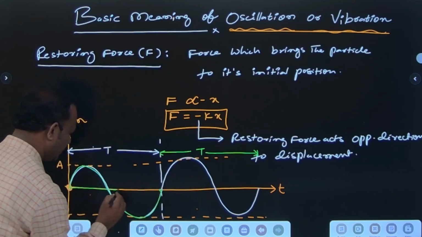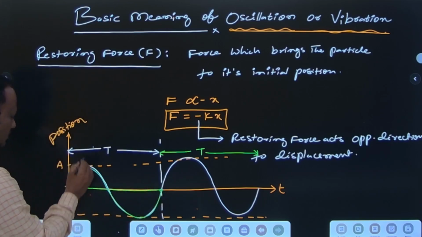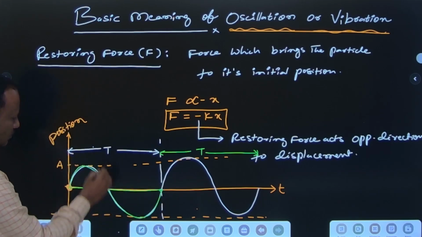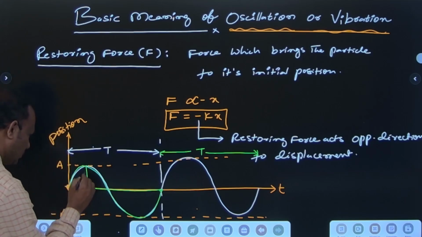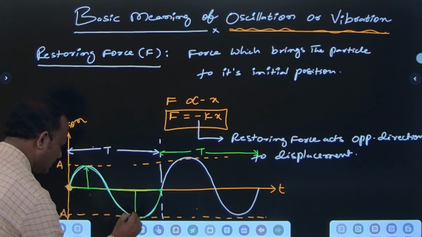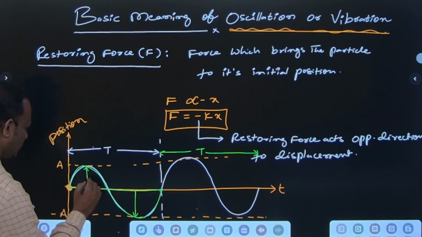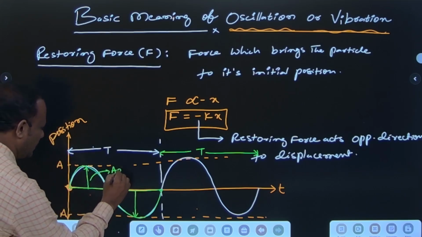From the mean position, the particle moves up and down, a to and fro motion. The maximum displacement from the mean position is known as amplitude.